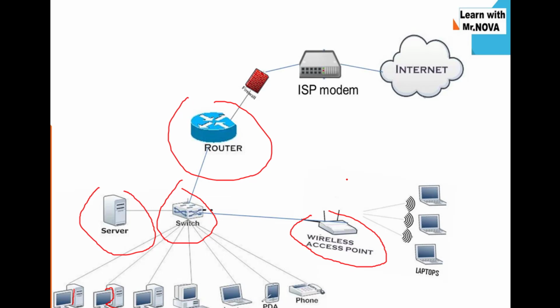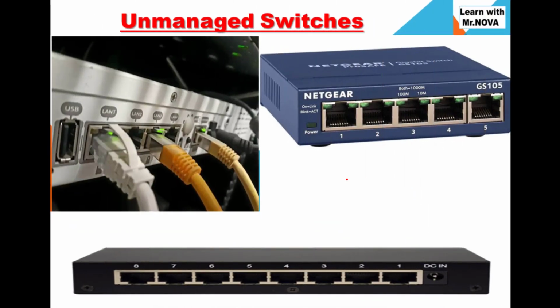Now, there are two types of switches. We have the unmanaged switch and the managed switch. All switches, be it managed or unmanaged, are basically used for connectivity. They are all used to connect multiple devices in a network. Now, with respect to unmanaged switches, they are just plug and play devices.